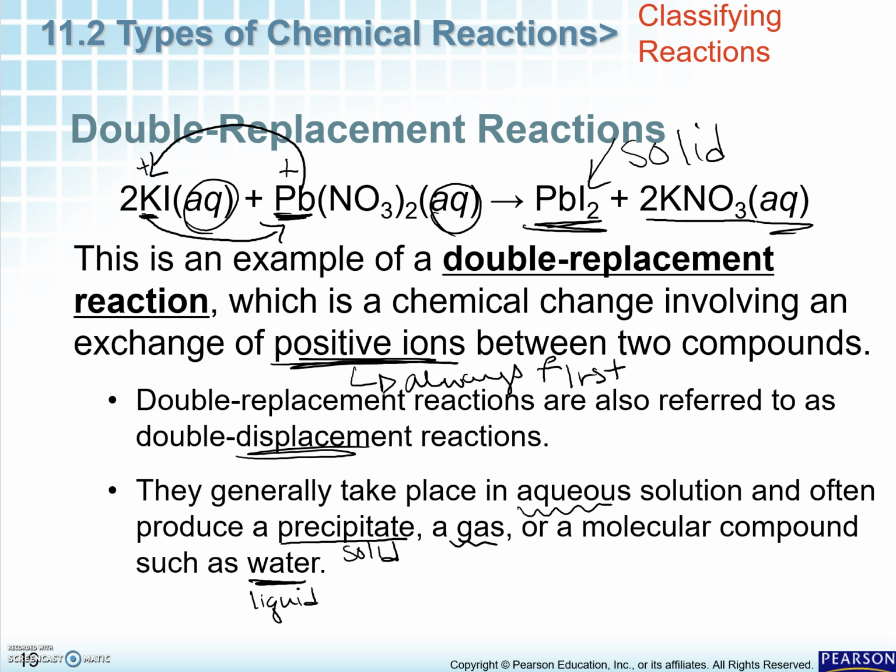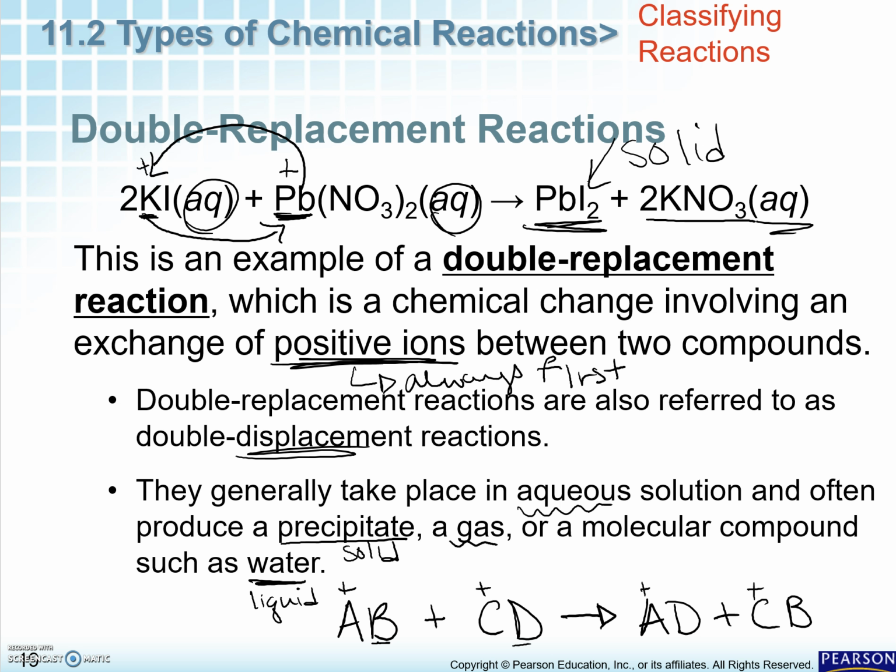So the way that you figure this out is on the chart on the next page, but before we get there, our general format for these reactions would look something like this. On the bottom we have AB plus CD gives you AD plus CB. Now the one thing to note is that your positive is always going to be listed first, and then your negative partners will end up switching.